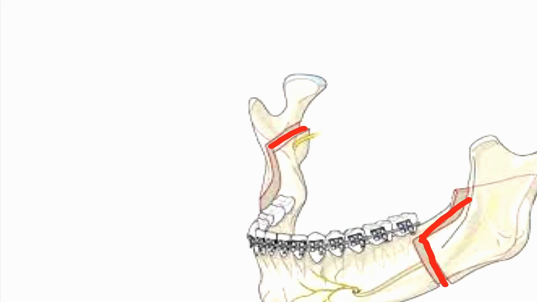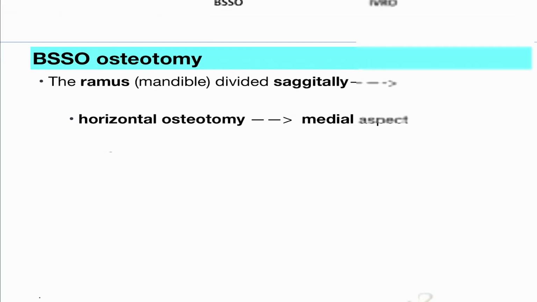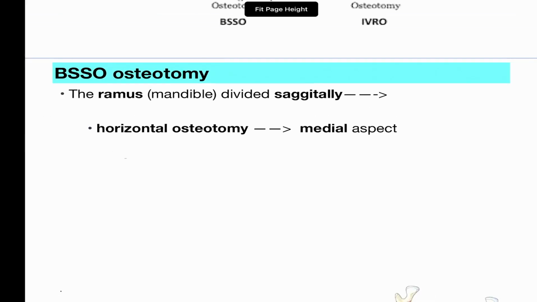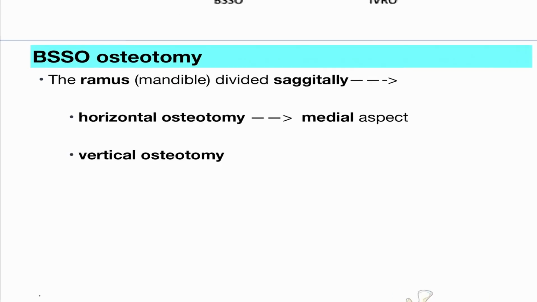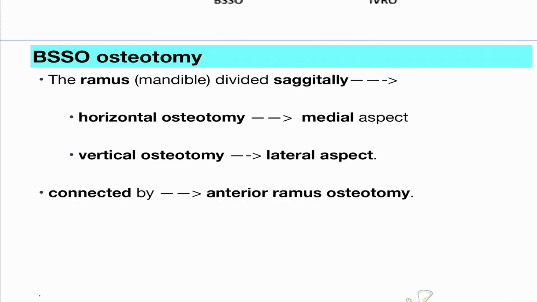Then you split the medial and lateral cortex. You can advance it or set it back, it's up to you. That's basically the BSSO osteotomy. A little bit more: the vertical osteotomy on the lateral aspect, and they are connected by what? The anterior ramus osteotomy.